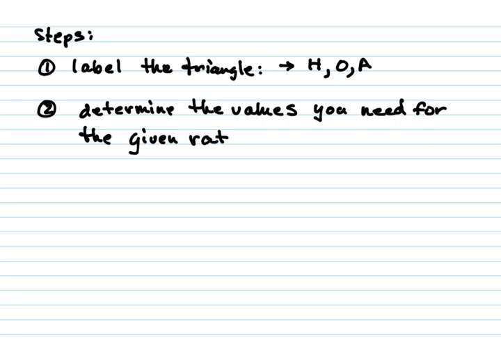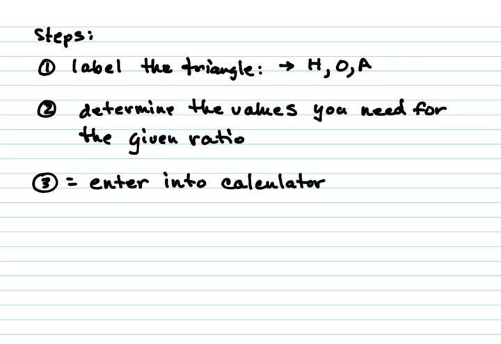So for example, if they want the tangent, then you know that means you need an opposite and an adjacent, right? So determine which ones you want and what those values are. And to get the actual values, you're just going to enter that into your calculator. You're going to see today they're just going to give you, they want the sine of some angle, and you're just going to put that into your calculator.